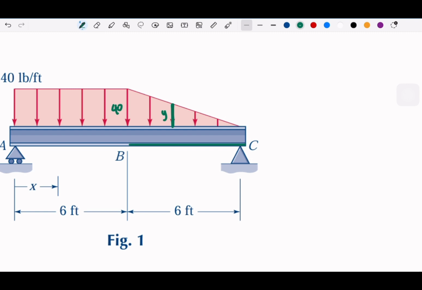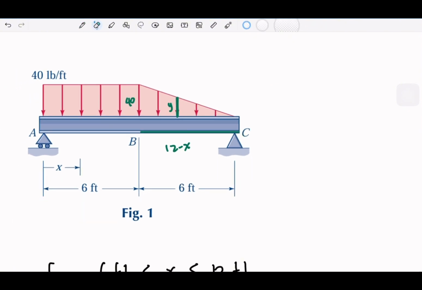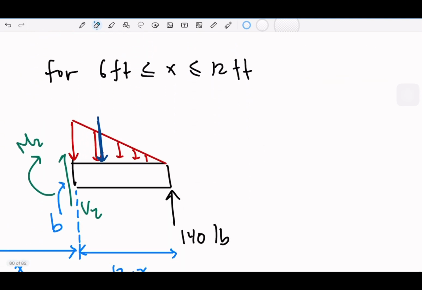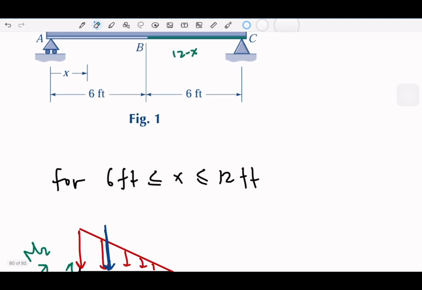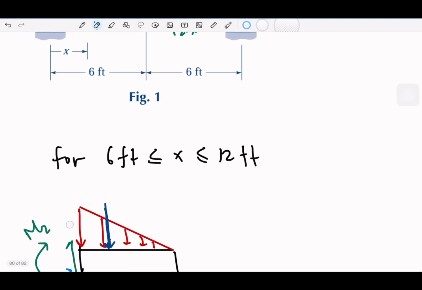This is 12 minus x. I think we have 12 minus x over 3. So this one is y.